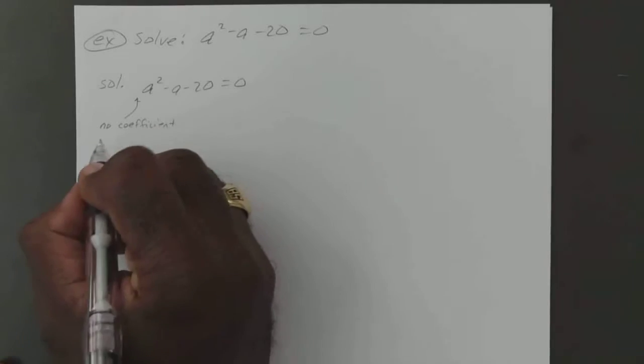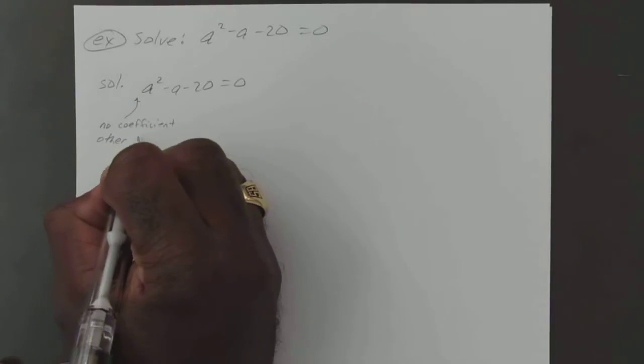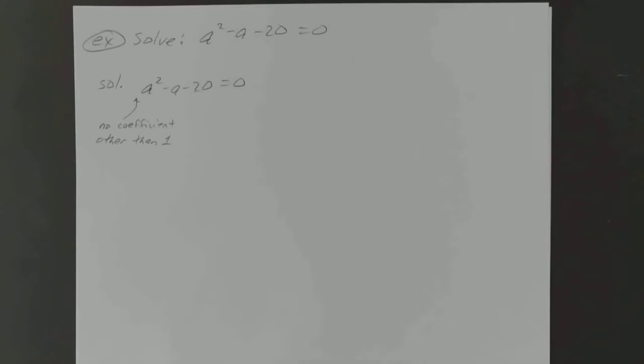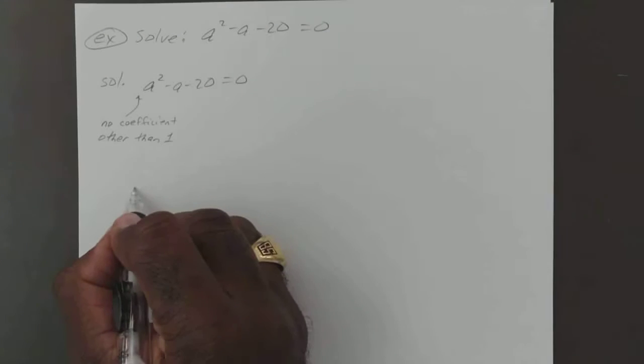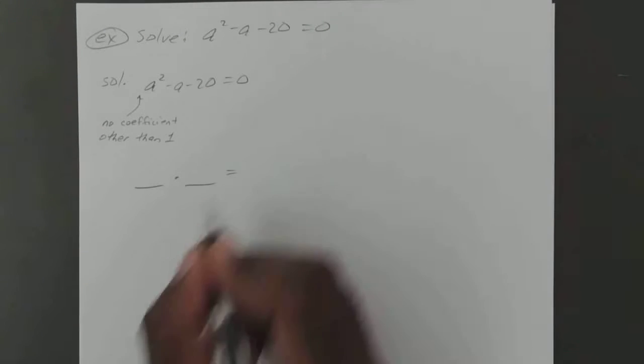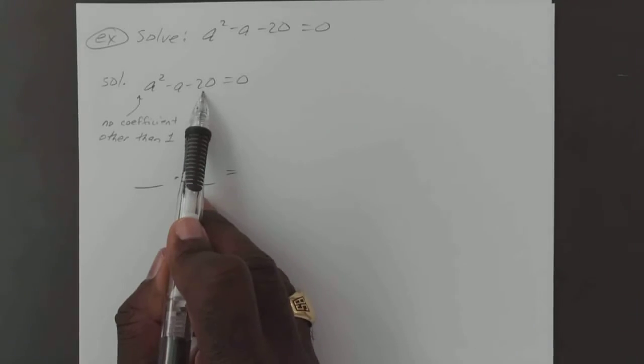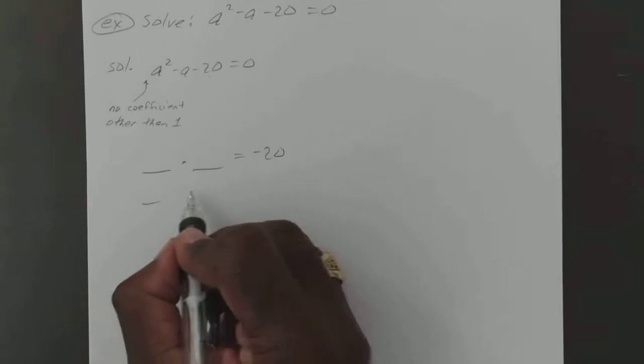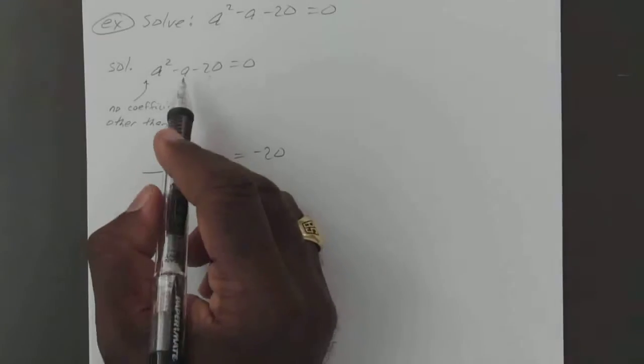Okay, so no coefficient other than 1. Okay, so that means all you have to do, find two numbers that multiply to equal your c, and those same two numbers add to equal your b.